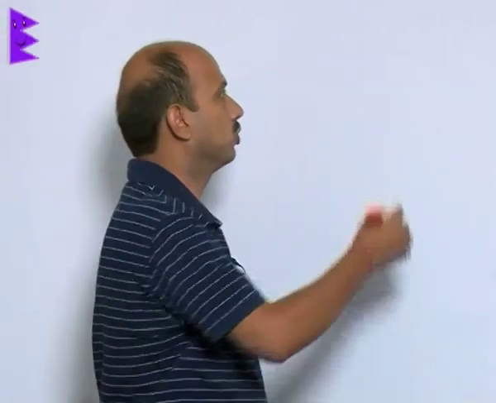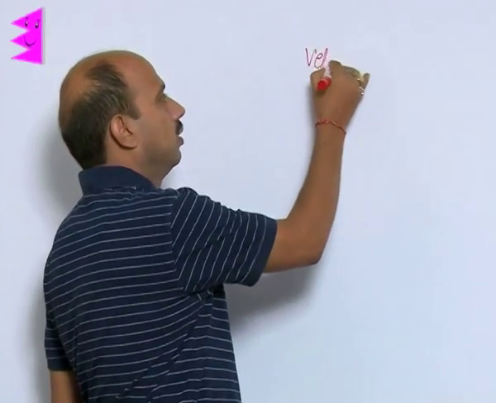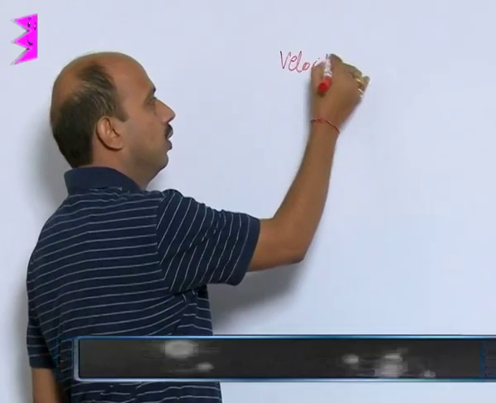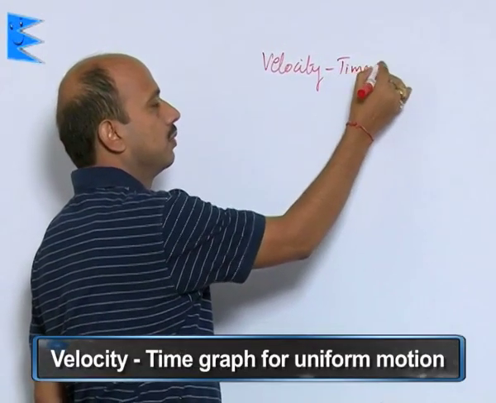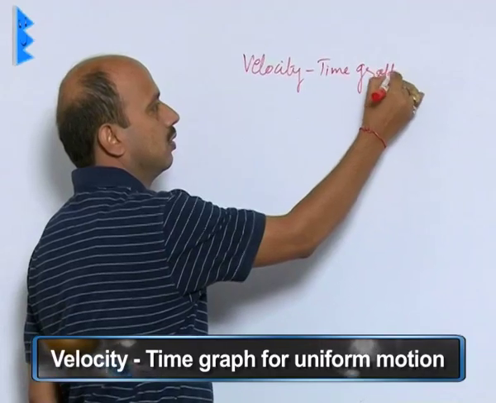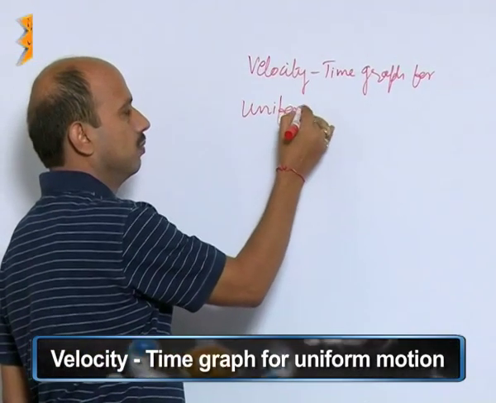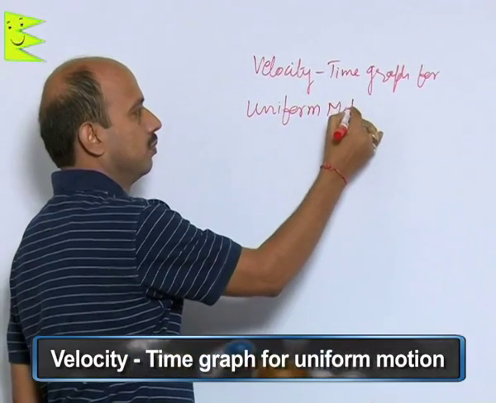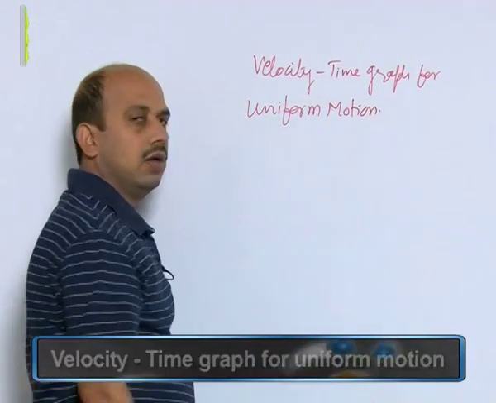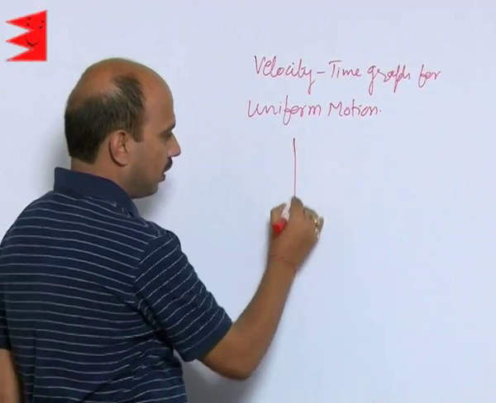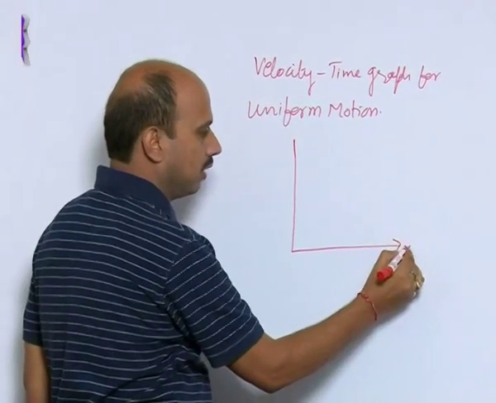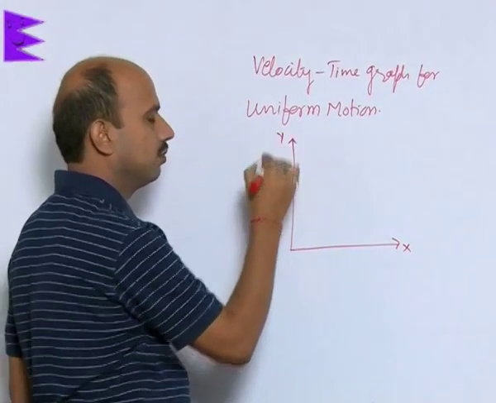Now, we will do velocity time graph for uniform motion. See here we take x and y axis, this is x axis, this is y axis.